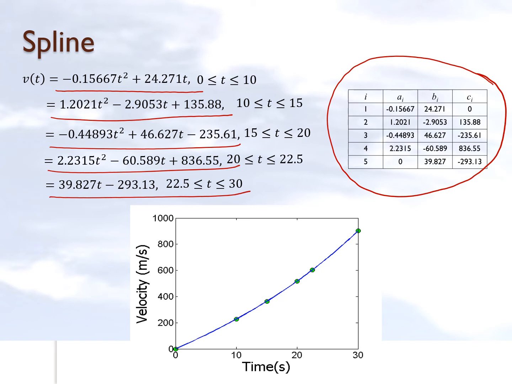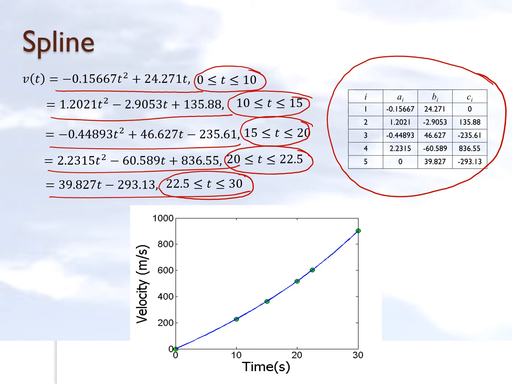And keep in mind that each quadratic is only valid for a certain domain. That's very important to understand: this is not like polynomial interpolation, where it is valid between the minimum value of x and the maximum value of x. That's not the case here, because each quadratic has its own domain in which it is valid.